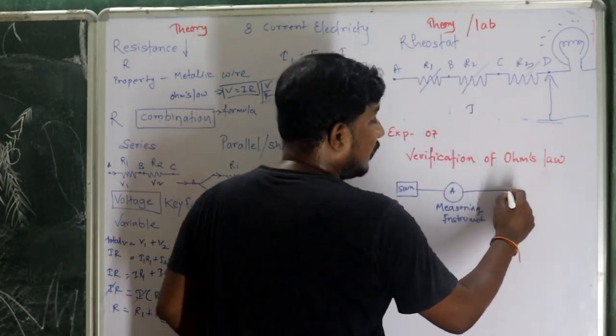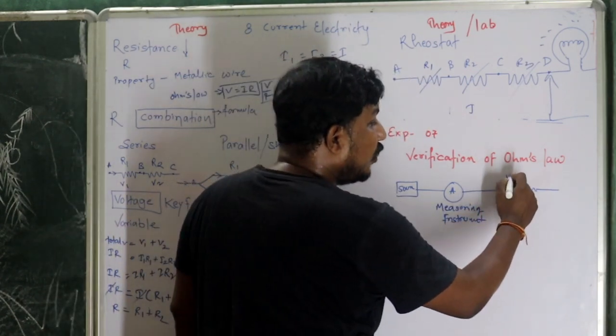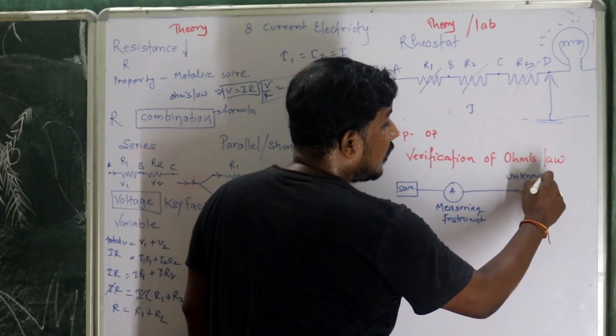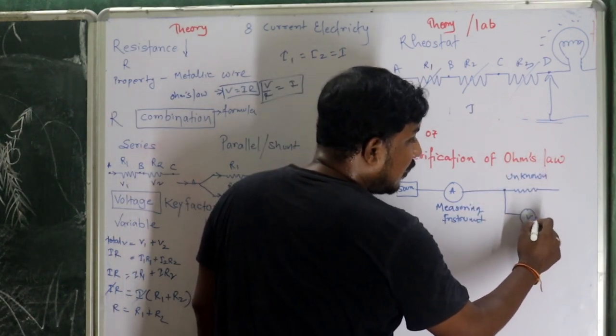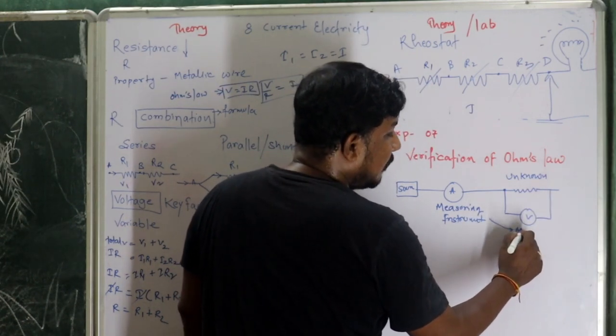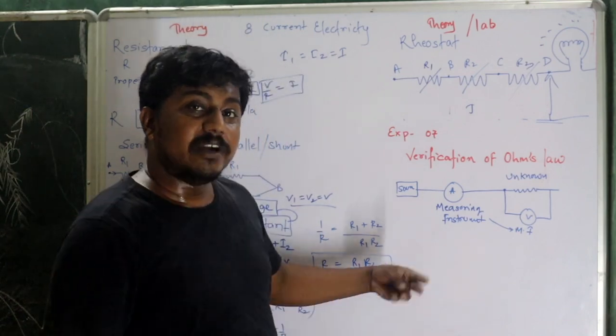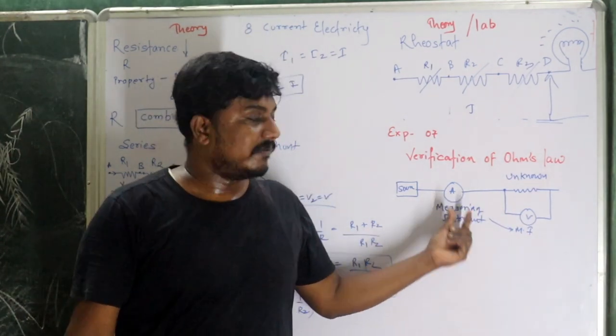And then, what is this? This is the unknown resistance, and here we have to apply a voltmeter. And what is a voltmeter? That is also a measuring instrument. What are we measuring? Voltage we are measuring. Here what are we measuring? Current we are measuring.